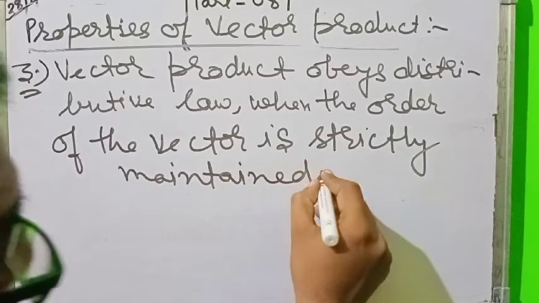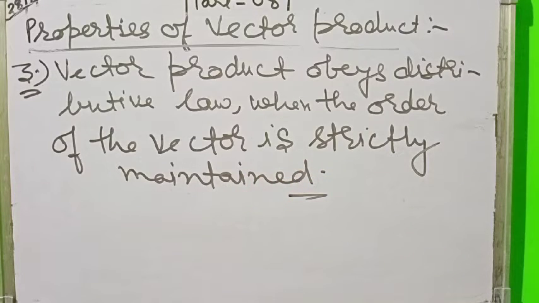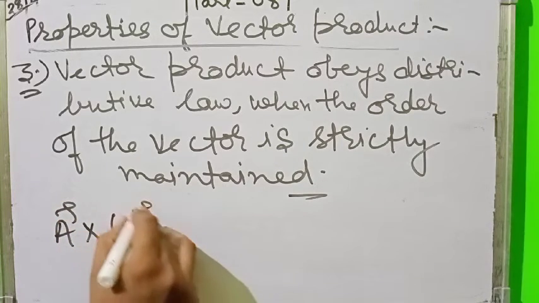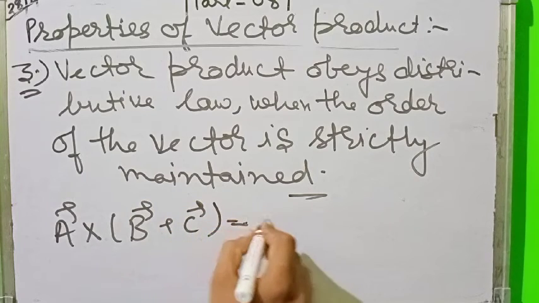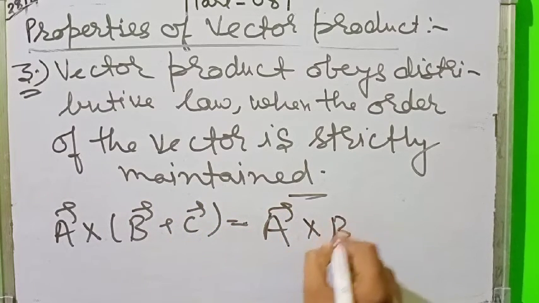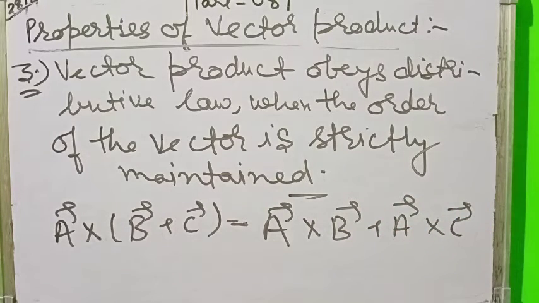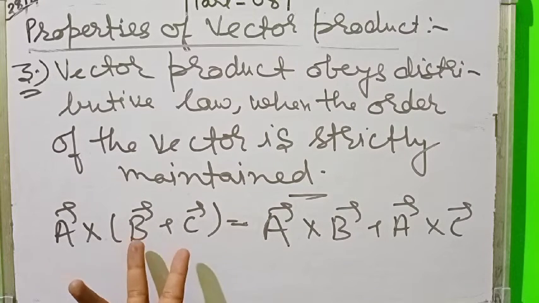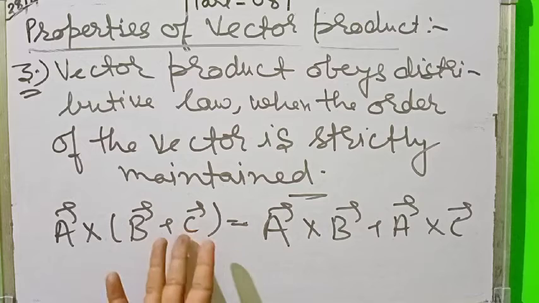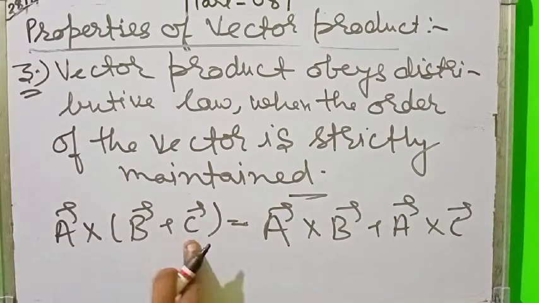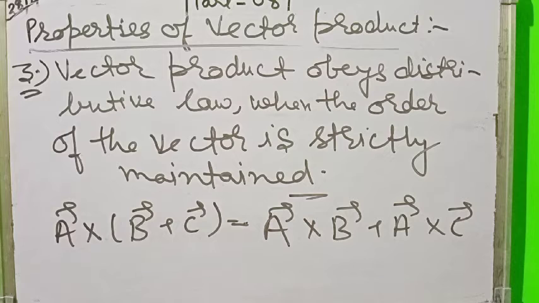What is the meaning of the order being strictly maintained? Just like vector A cross the quantity vector B plus vector C, it can be written as vector A cross vector B plus vector A cross vector C. But the same is not correct if B plus C is written as C cross B. The order should be maintained, then the distributive property is applicable.